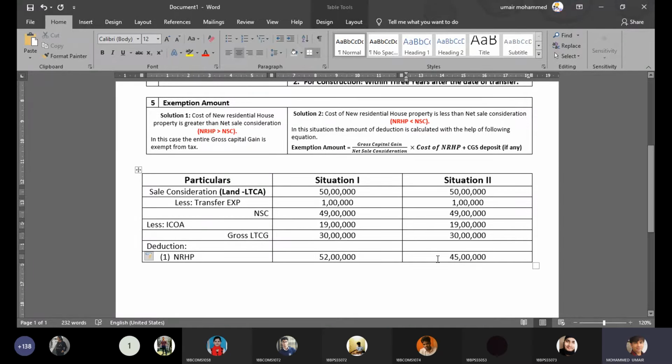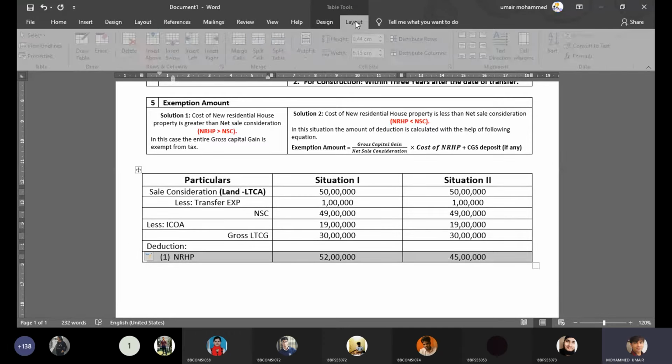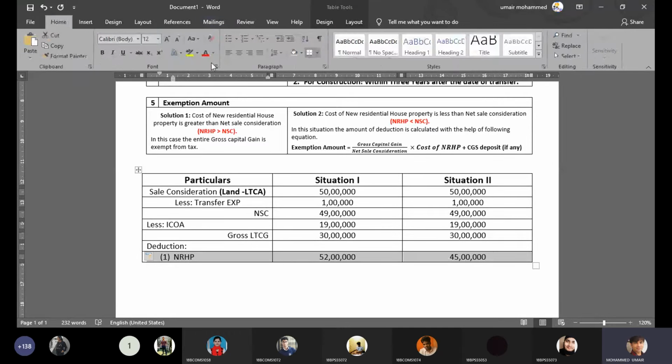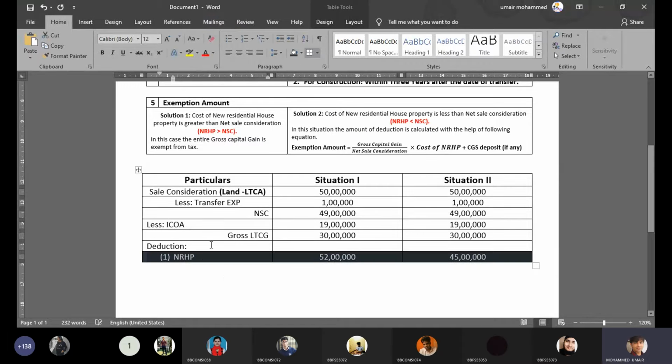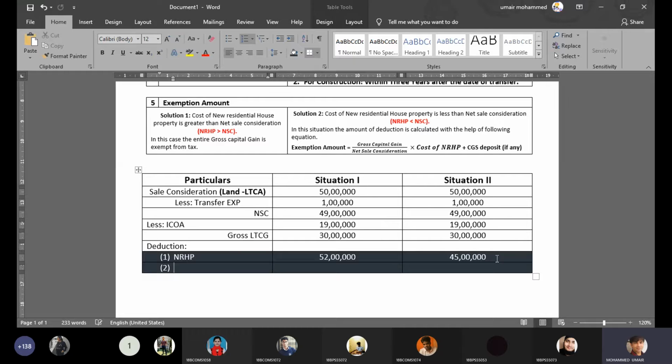That's the scenario. Okay. Now, an important decision which you have to take is whether to use the equation or not. So, in this case, value of new residential house property.